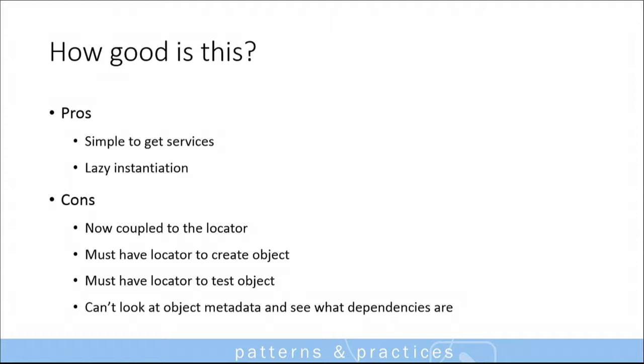That's kind of nice. Downside is that now you're coupled to this concept of a service locator. And you're also coupled to the idea that the service locator needs to create the object, so you have to tell it. You have to do some training. You either have to train the service locator directly or train the underlying DI container.